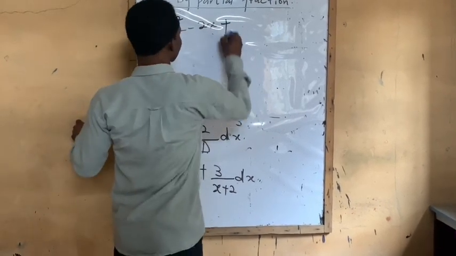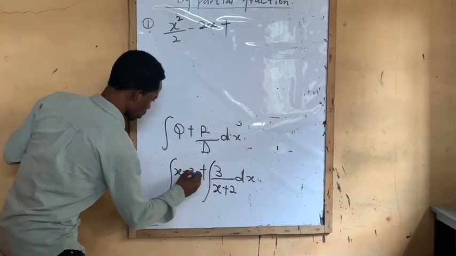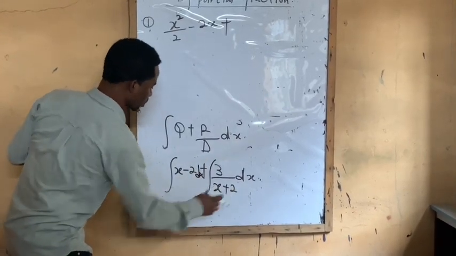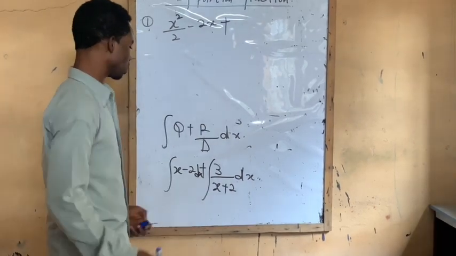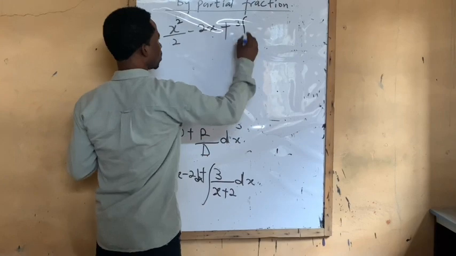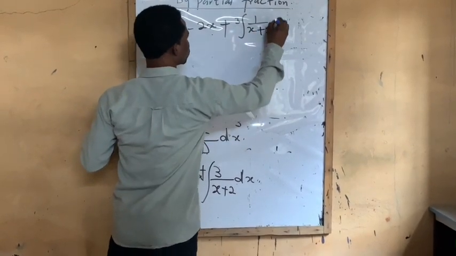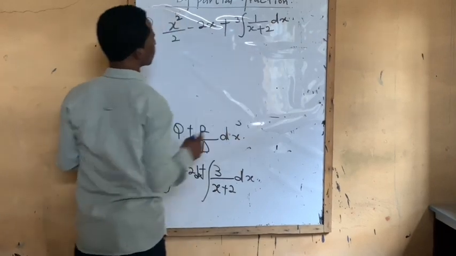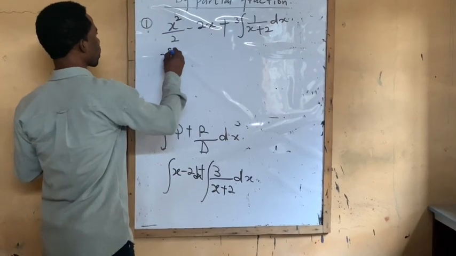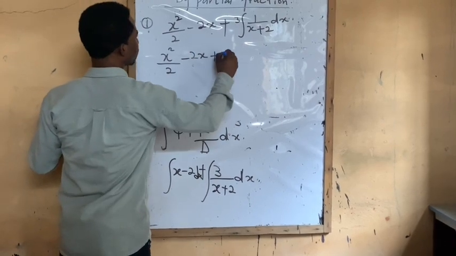Now, I'm going to integrate this one also. As I integrate this on the x, I will integrate this on the x. I can bring 3 out of the integration: 3 integral 1 all over x plus 2 dx. That will be x squared all over 2 minus 2x plus 3.